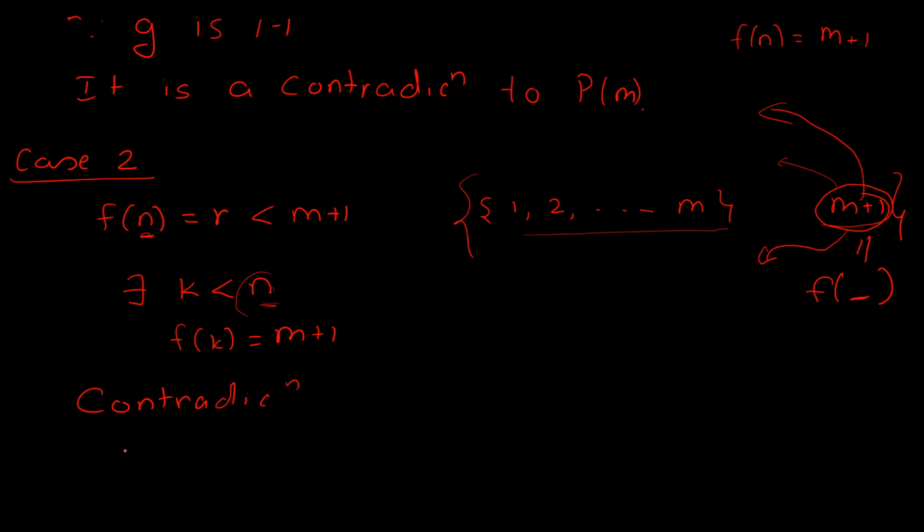So again, I cannot say that it's 1-1. Therefore this P of m plus 1, which says that there exists a 1-1 map, is false. Therefore there does not exist a 1-1 map from I n to I m if n is greater than m. Now this question can also be molded in such a way in some question papers.